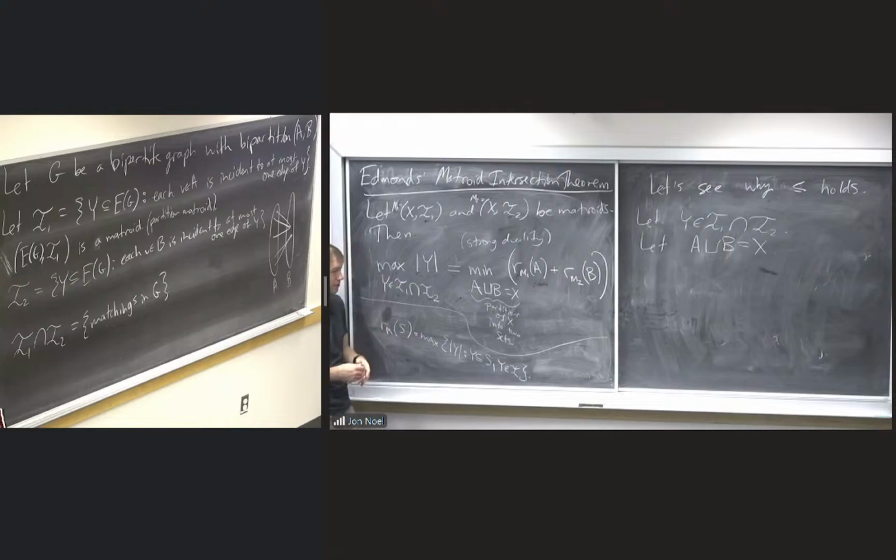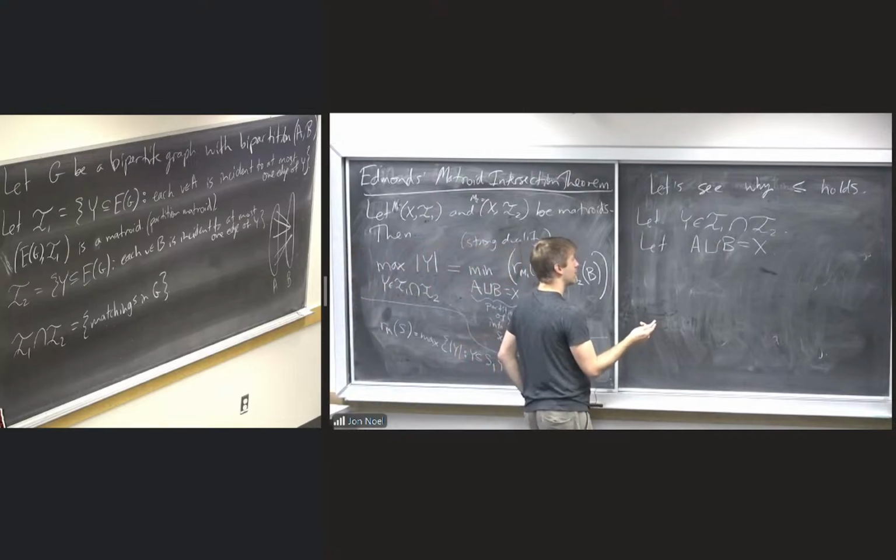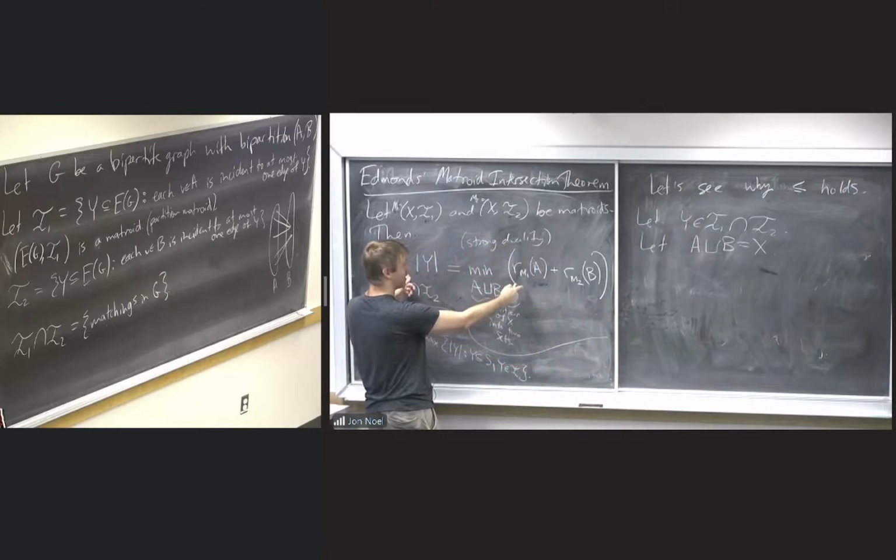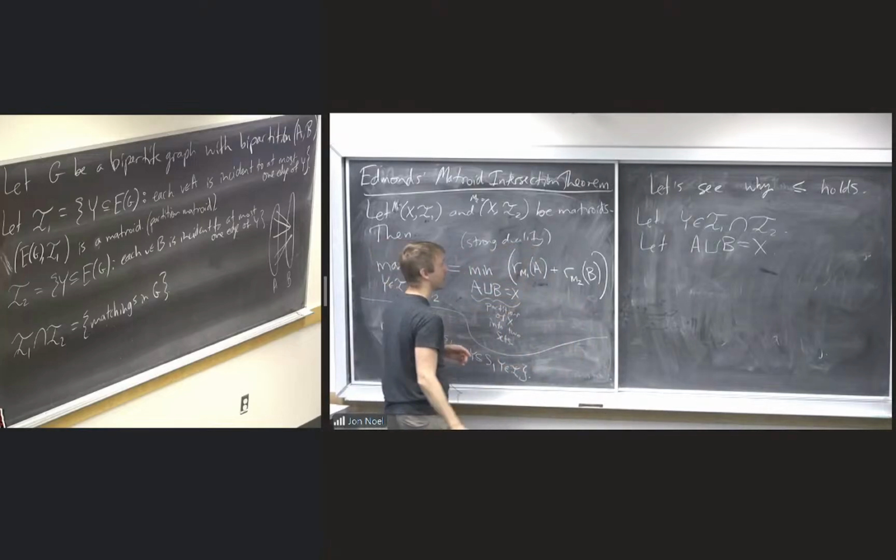It's the same thing as proving it for the max and the min, because it has to be true for all of them. If this inequality was violated even once, then it wouldn't be true.